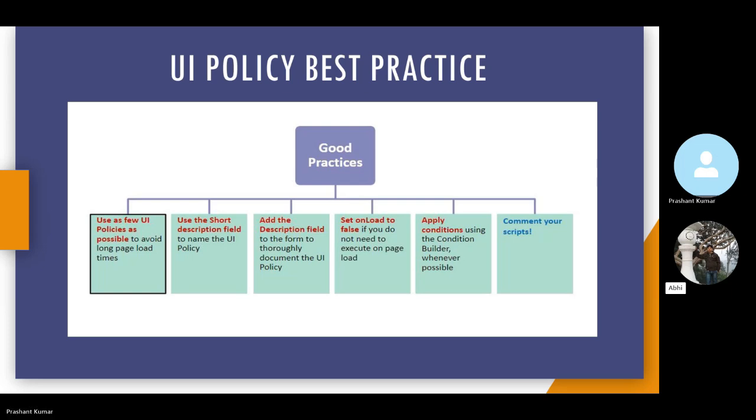That is a very big thing. You will understand it when you write a UI policy for state is new and another for state is in progress. So you have to be very careful about using that. Either build it so that one UI policy fulfills all the needs, or one client script fulfills all the needs.